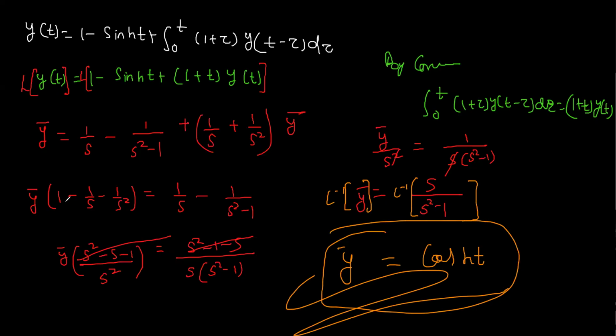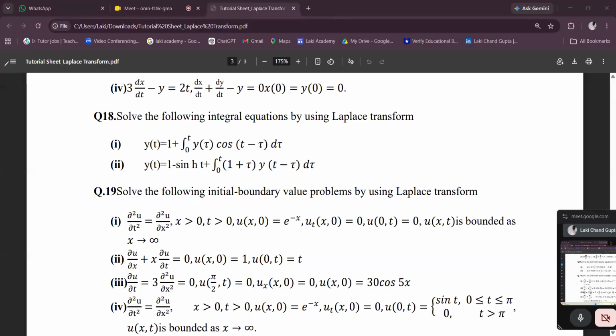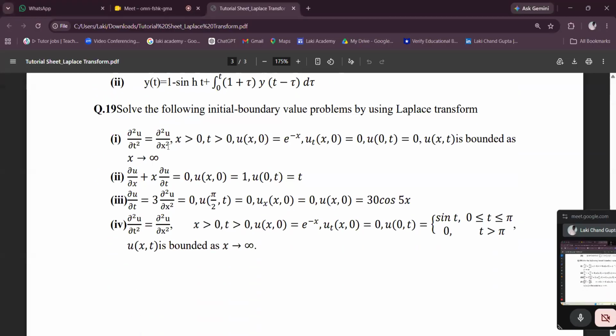Yes. Now I tell you 19. 19 is different. This is initial boundary condition.